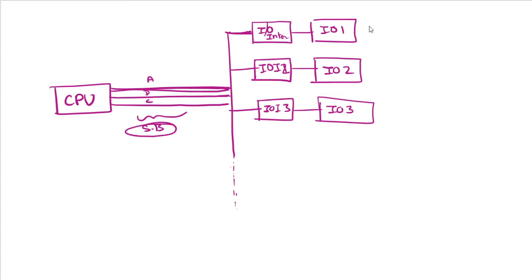Each IO will have one address. For example, IO1 will have address A1, IO2 will have address A2, IO3 will have address A3, and so on. So each IO device will have an IO interface and an address, and it is connected to a common address line, data line, and control line that is connected to CPU at the other end.